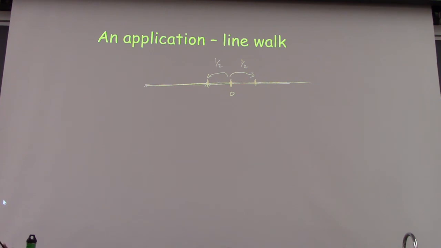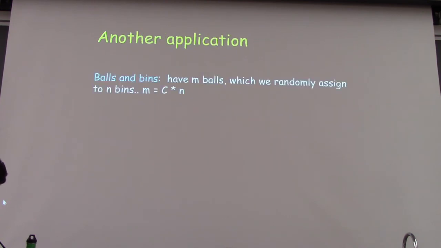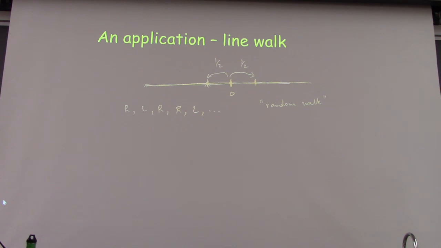So your sequence of steps could be right, left, left, whatever. Think of tossing a coin at every step and moving left or right. This is often called a random walk, or sometimes a drunkard's walk. Historically, even though it looks like a very toy problem, this kind of process arose in the study of Brownian motion.